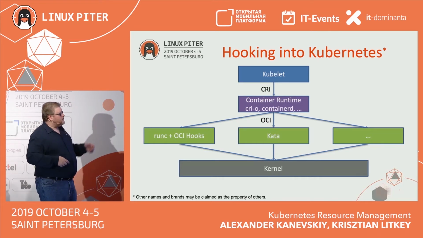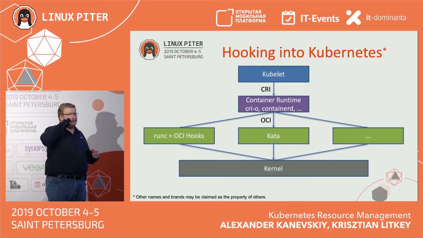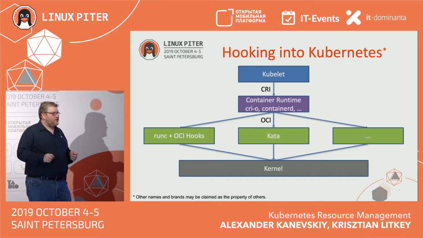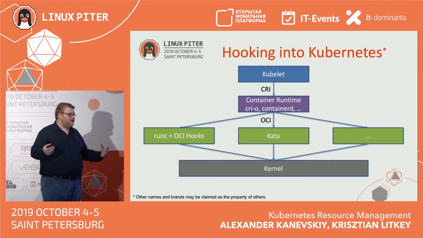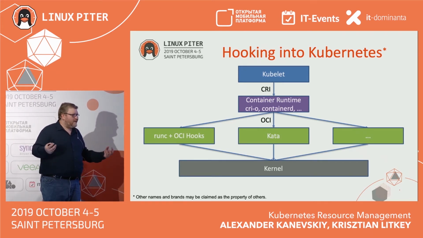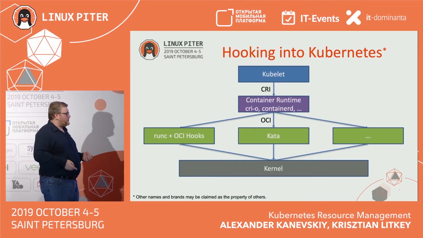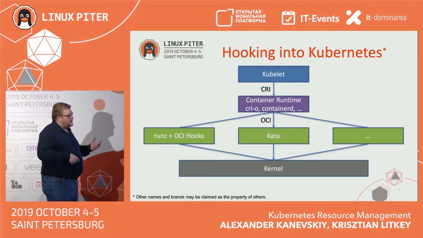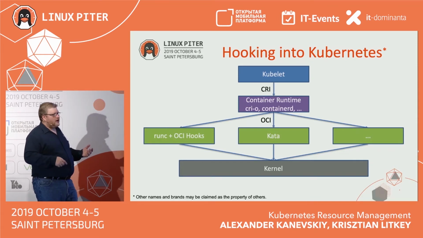Or if you are lucky and you are using CRI-O, you can say, run this prestart hook, and inside the hook I will get exactly the same information as runc, so you don't need to hack runc, you just put in your small script which writes something into cgroupfs. But our problem is that not all container runtimes are exactly the same.